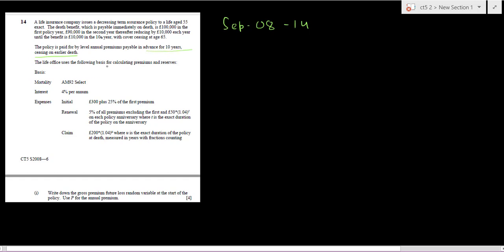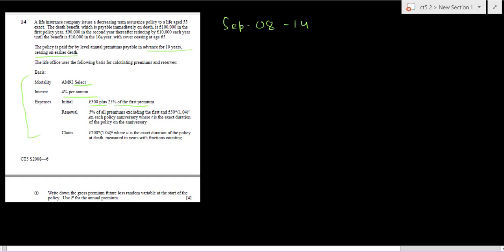The life office uses the following basis for calculation of premiums and reserve. This is the basis: AM92 select, 4% interest, initial expense is 300, and 25% of the first premium.